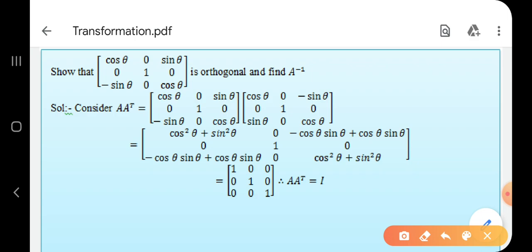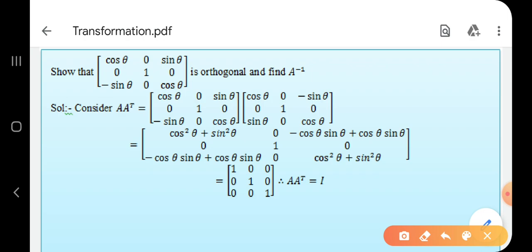Now do it for the others the same way. 0 into cos theta plus 1 into 0 plus 0 into sin theta, it is 0. Correct? Next. Do it the same. 0 into 0, 1 into 1 and 0 into 0. So it is 1. Next. 0 into sin theta, 1 into 0 and 0 into cos theta. So it is 0. Now last row.